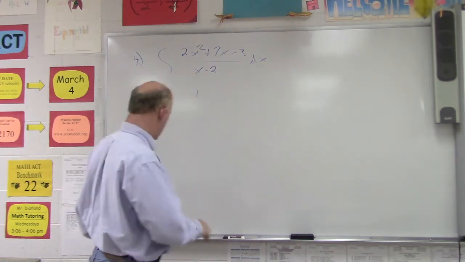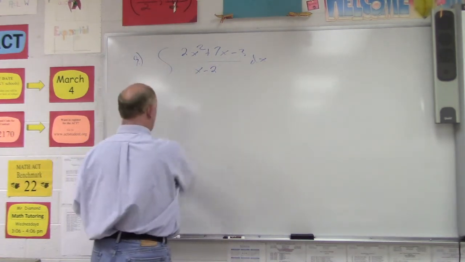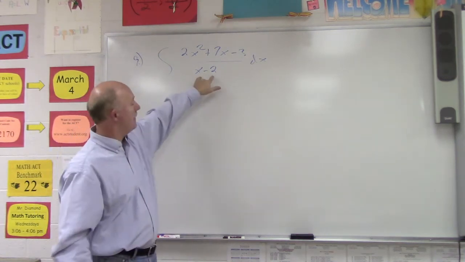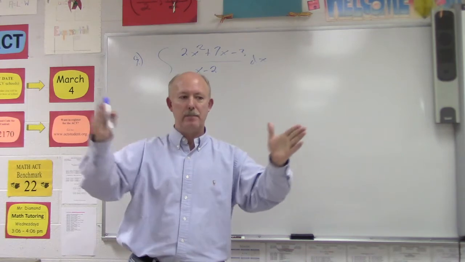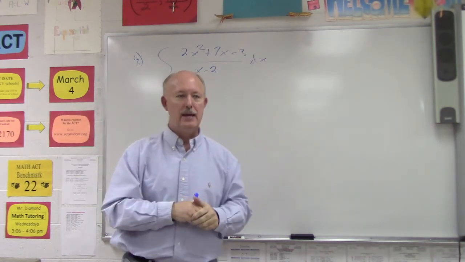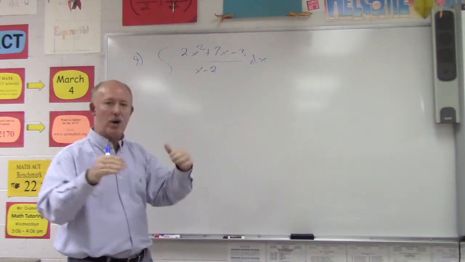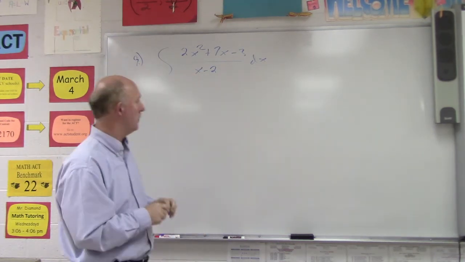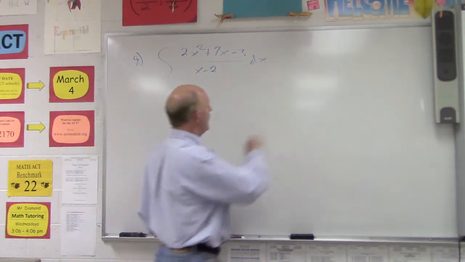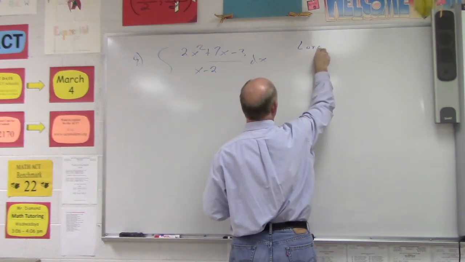Also, my denominator here is a binomial, so you don't want to break this up into separate fractions. If the denominator is just a monomial term, yes, go ahead and break it up, but that won't help here. To do this problem, we have to use long division.